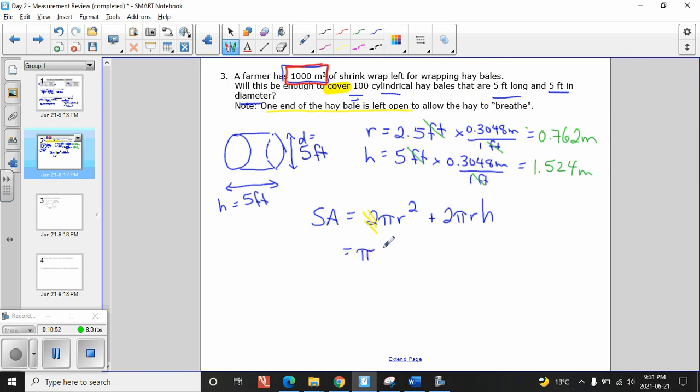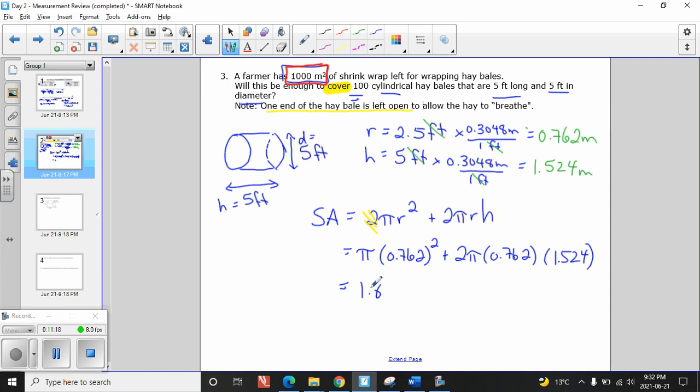So pi times the radius squared plus 2 pi times the radius times the height. That first term, 0.762 squared, I'm doing the exponent first, then multiply by pi.